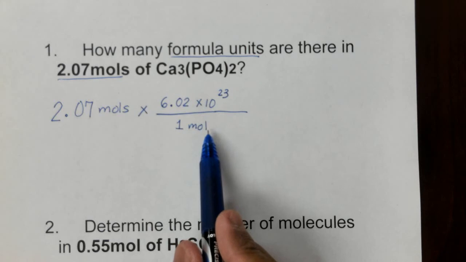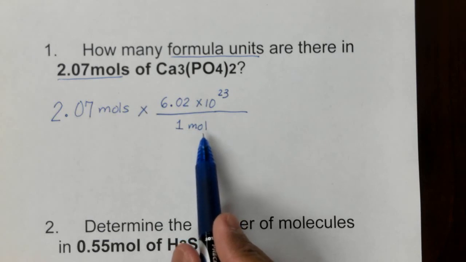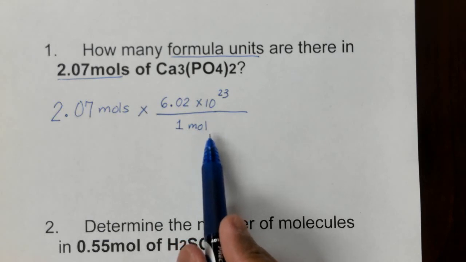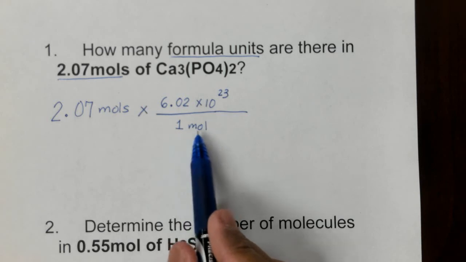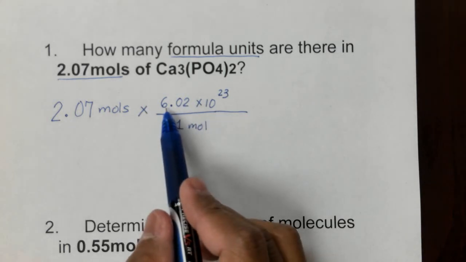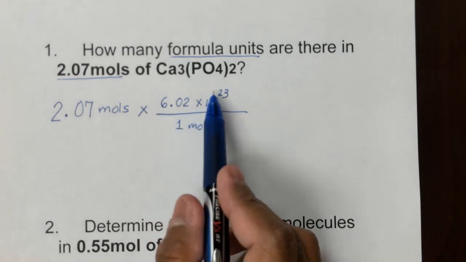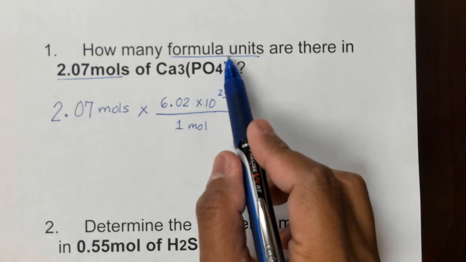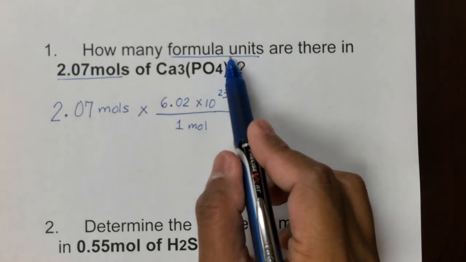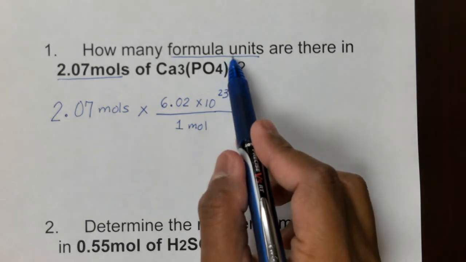You don't have to spell the whole word mole, but the abbreviation of mole is just removing the letter E, and that is accepted. So 1 mole is always equivalent to 6.02 times 10 to the 23. And what should we put as a unit for the Avogadro's number? We're going to use whatever it is that is being asked in the problem. Formula units is part of the particles, and it's very specific.